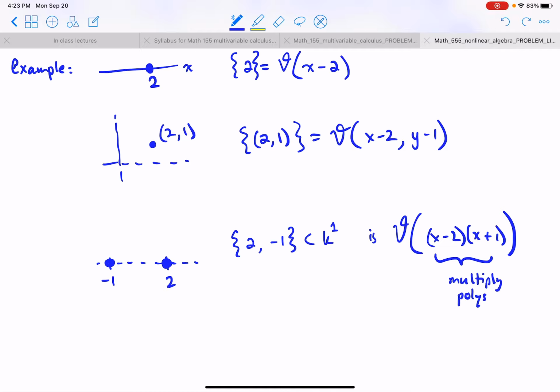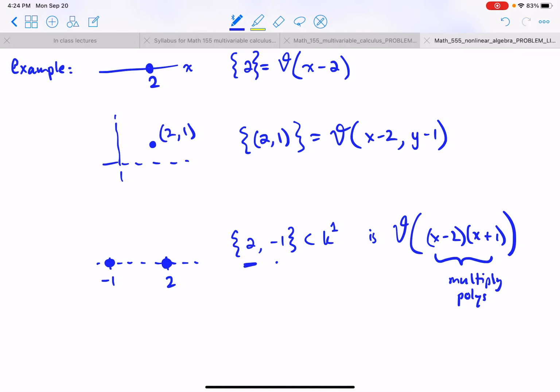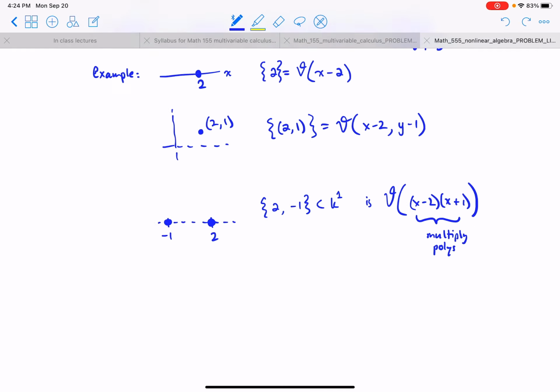And so that's why this statement here is correct. So I can get 2 points by multiplying the polynomials that would have given me each individually.